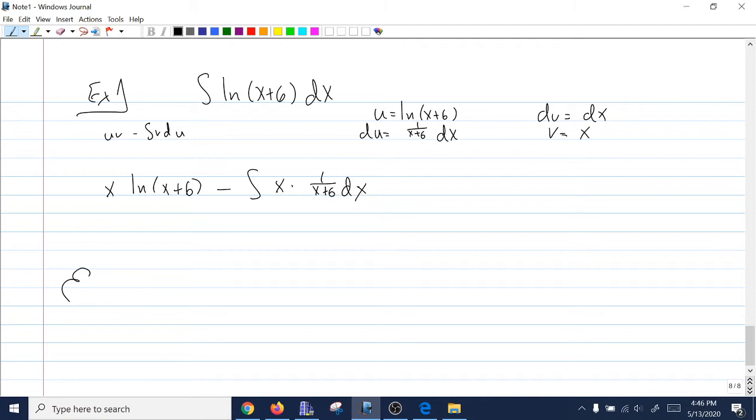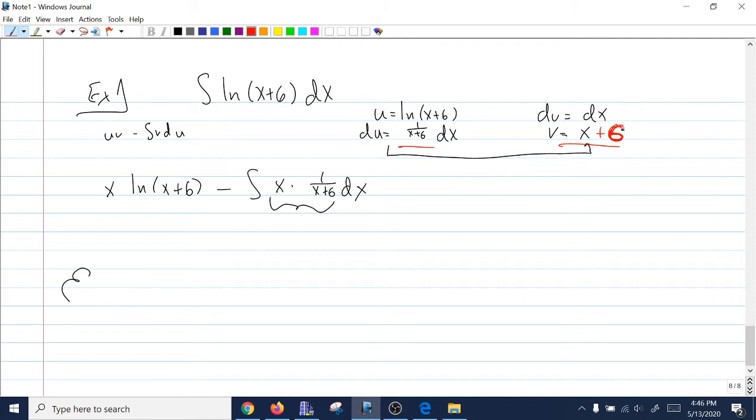The thing I want to show off with this problem is that I can notice x times 1 over x plus 6. The time I should have noticed it is when I made v x, I had the option of putting a plus c here. I want to look ahead to the fact that I'm going to have to integrate this thing times this thing. And instead of multiplying 1 over x plus 6 by x, life is way easier if I multiply 1 over x plus 6 by x plus 6.